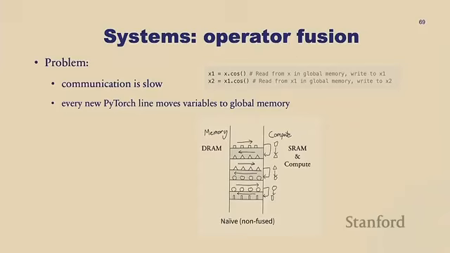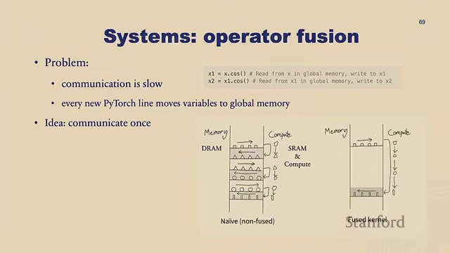Another way to see that is that you go from your DRAM, which is your global memory in your GPU, and you ship it to compute, you ship it back, for every line. This is a naive way of doing it. This seems very wasteful. So the simple idea of operator fusion is just communicate, do all the computation, and ship it back once. And this is exactly what fused kernels are.